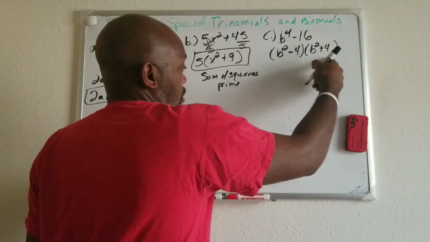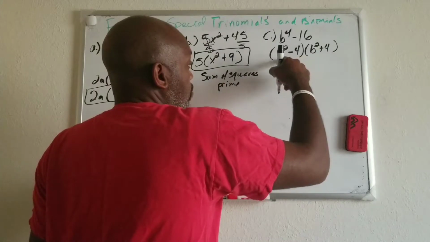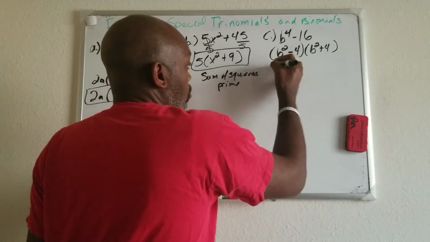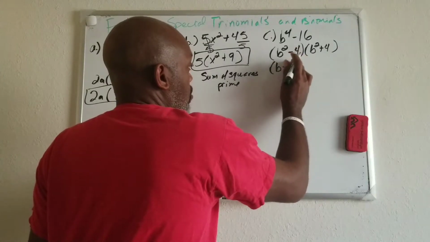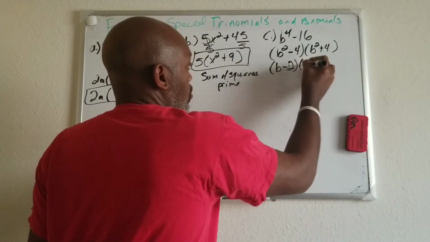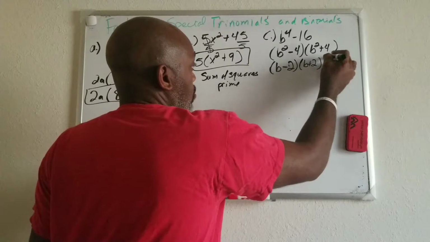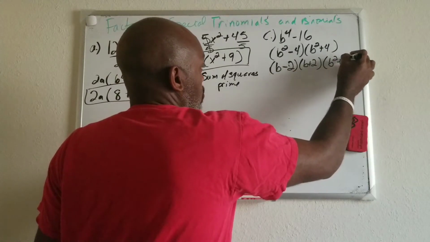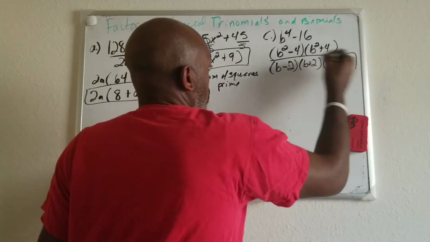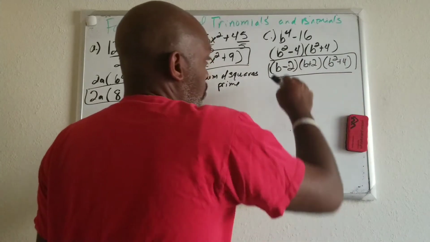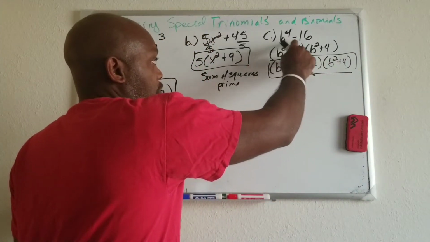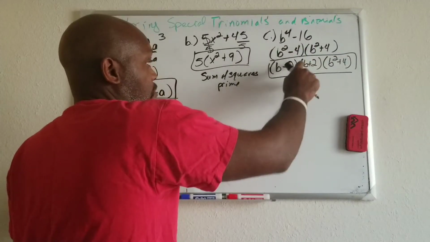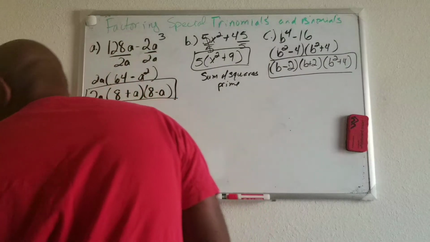So we can break that down. This is prime, but this one can also be broken down even further to b minus 2, b plus 2, b squared plus 4. That's your answer. So be very aware that if you factor it once, it can be factored again.